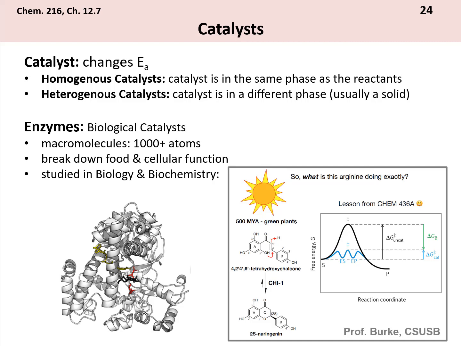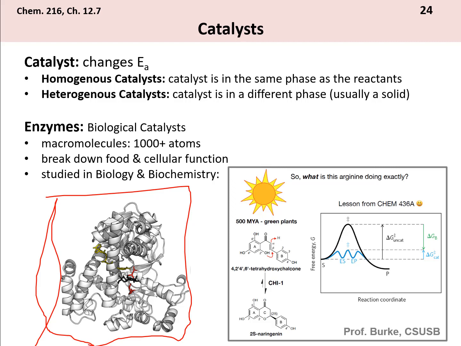And in fact, they become so big that you have to worry about their folding and things like this. This is all what you learn in biology and in biochemistry. All right, but what do these enzymes do? They basically take a reaction, and they change the way that we get there.